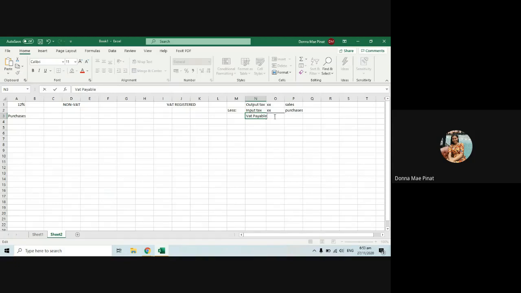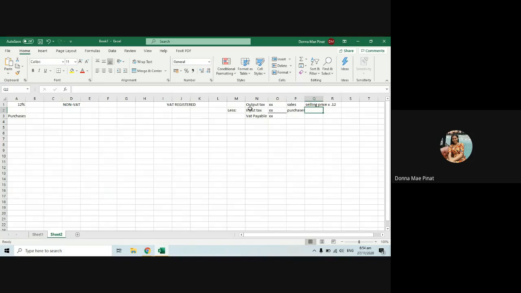So output tax is the tax coming from your sales. So that's the selling price times 0.12, okay, that's 12%.